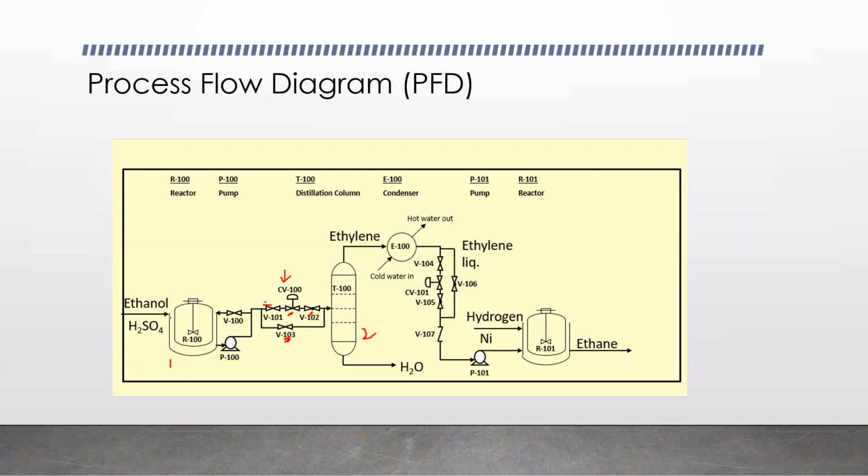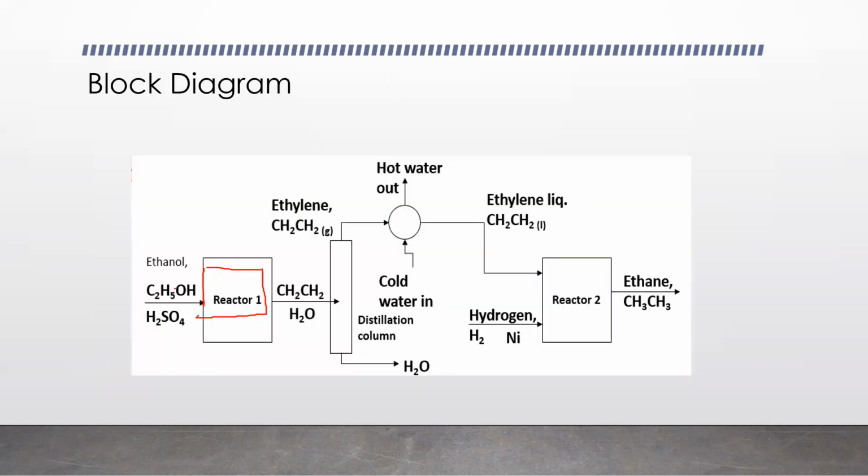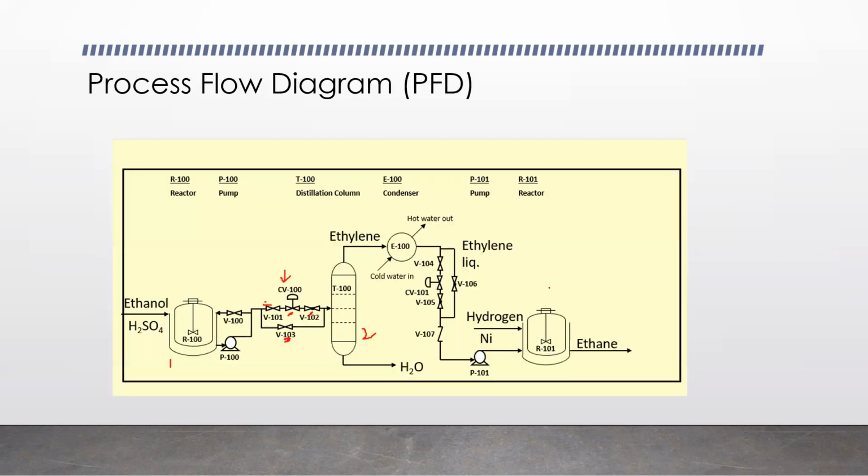Moreover, this is usually seen in a process flow diagram: just as in the block diagram, we have written whatever unit we are using next to it or inside it, for example reactor 1 over here, distillation column over here, then reactor 2 over here. But in a process flow diagram, we do not do that.